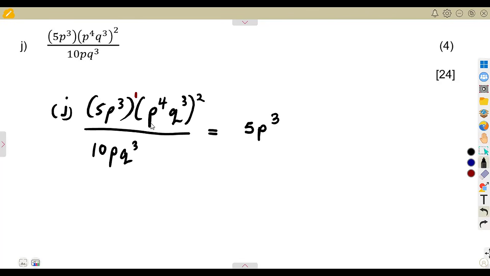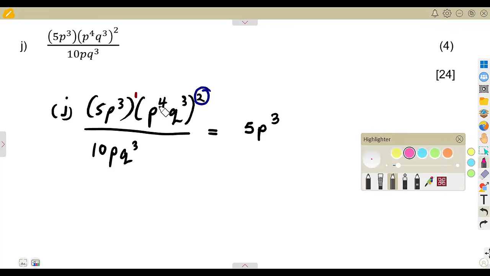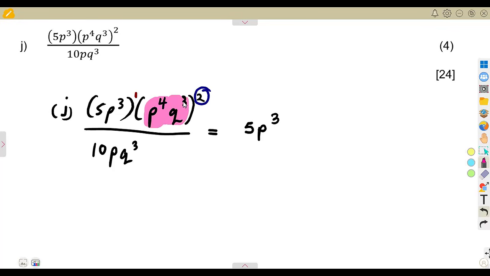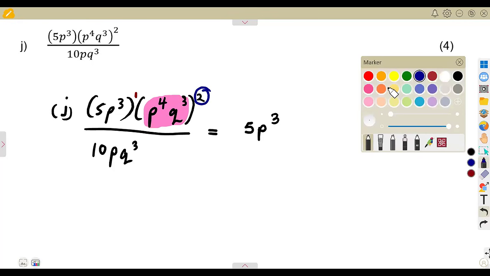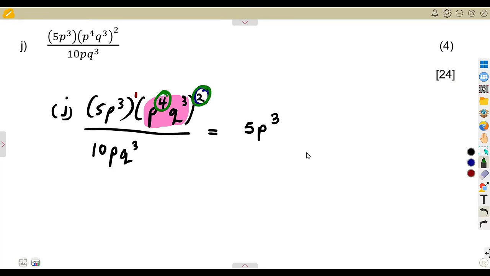All right. Then the second bracket, now it is raised to the exponent of 2. This bracket that we are seeing, everything that we are seeing is raised to the exponent of 2. Remember, I said when it is like this, it is going to be an exponent to an exponent. So we are going to have p to the exponent of 4 times 2. You multiply, that's 8.